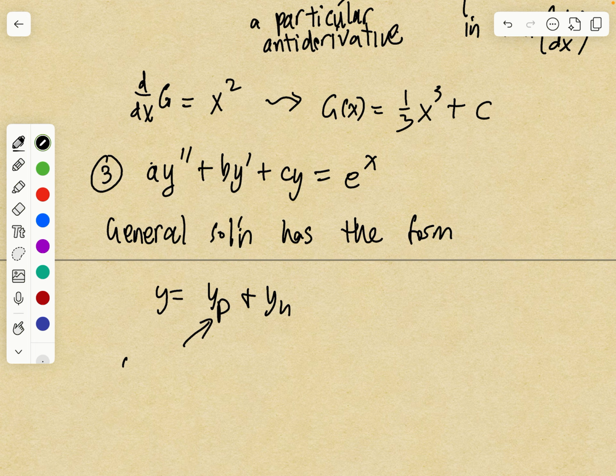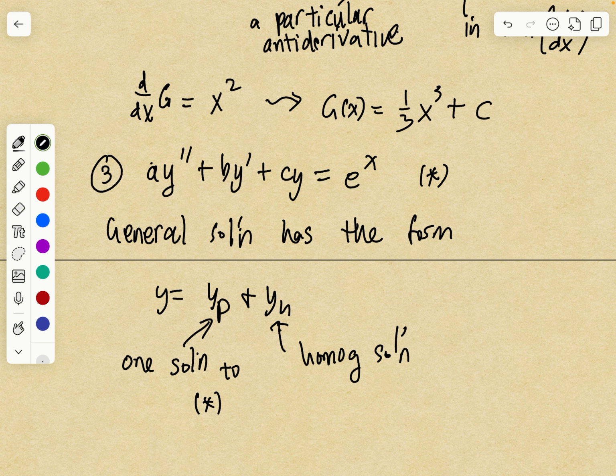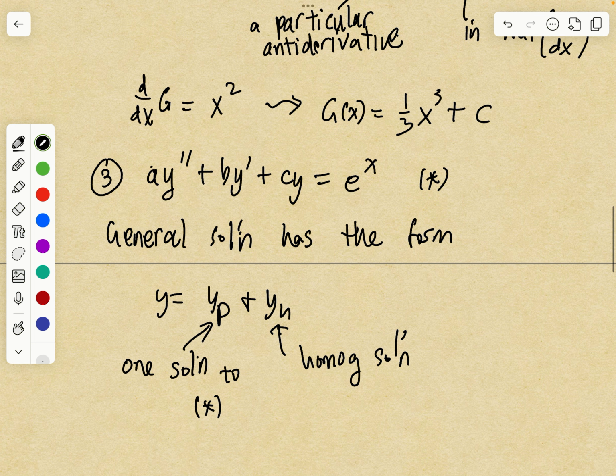And my yp is one solution to this non-homogeneous differential equation, which I'll call star. And then yh is the homogeneous solution. It's the solution to ay double prime plus by prime plus cy equals 0.